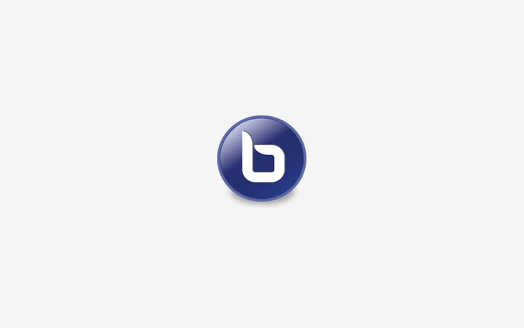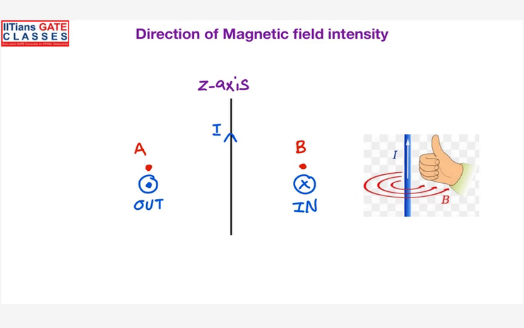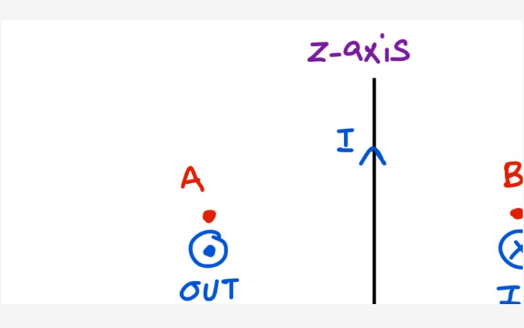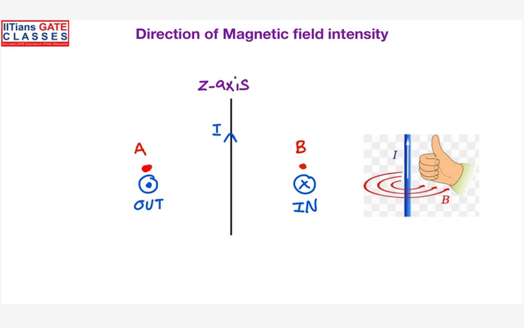Let me give another example here. See here, this is my Z axis, where the current is flowing right now. And this is my observer position. When you consider this observer position, what will be the direction of the magnetic field? Is it outside the plane of the board or into the plane?